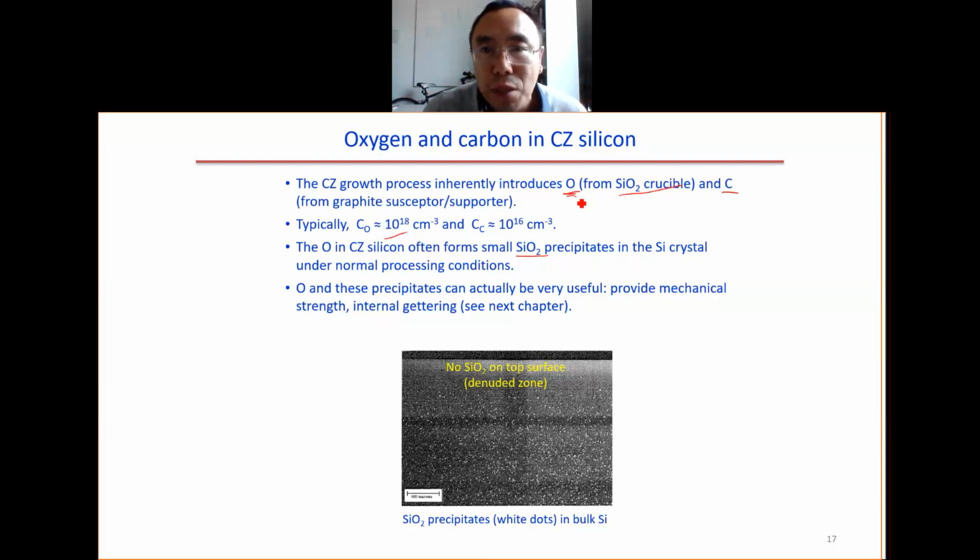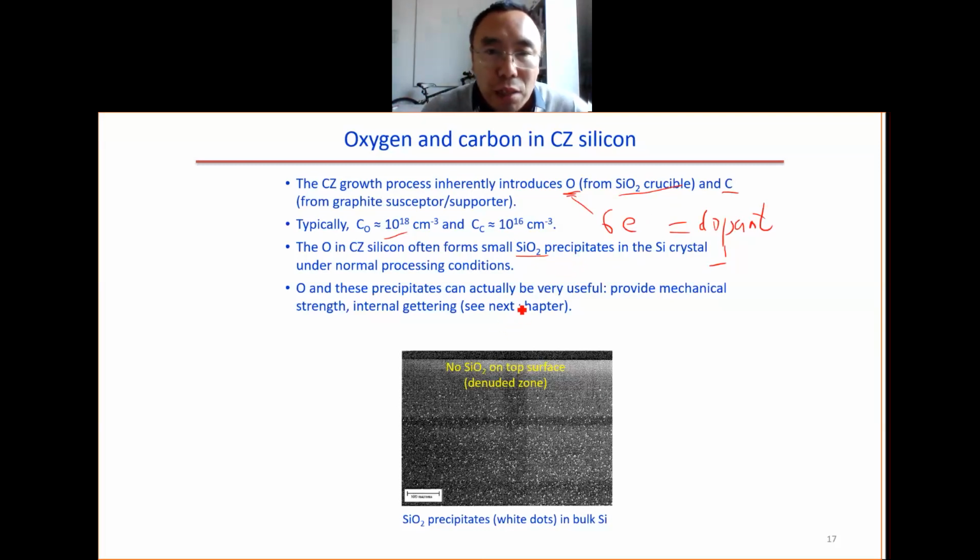You may think the oxygen may be a dopant. We have extra electrons, so this may be like a dopant. Could be a dopant, but when it is from the silicon dioxide precipitate, it's no longer a dopant.